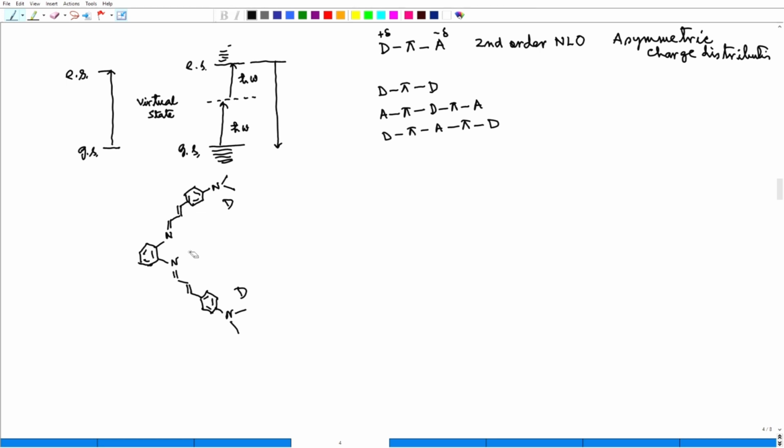But if I react it, what did I do? If I reacted with zinc, zinc is 2 plus. So, it will attract electron towards it. That means, nitrogen will donate electron to this and nitrogen will donate electron to this.